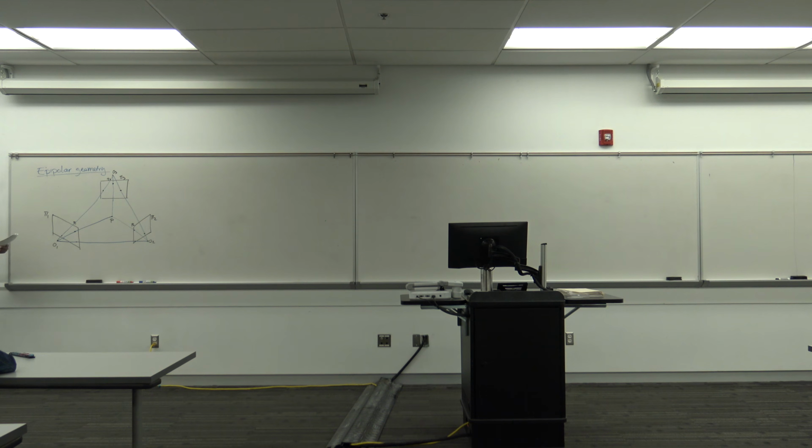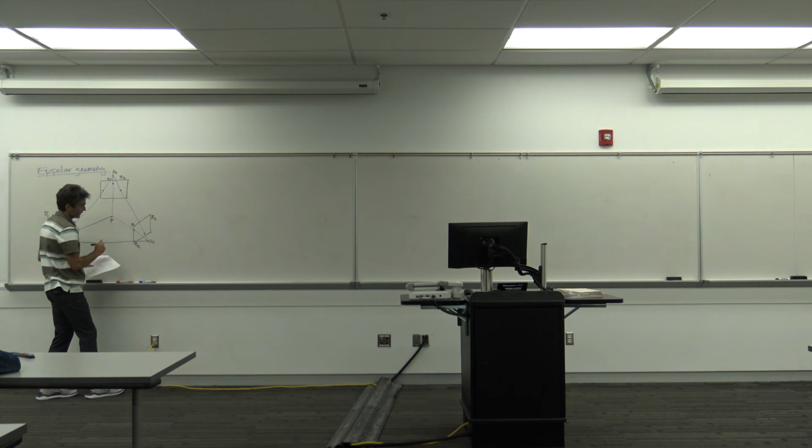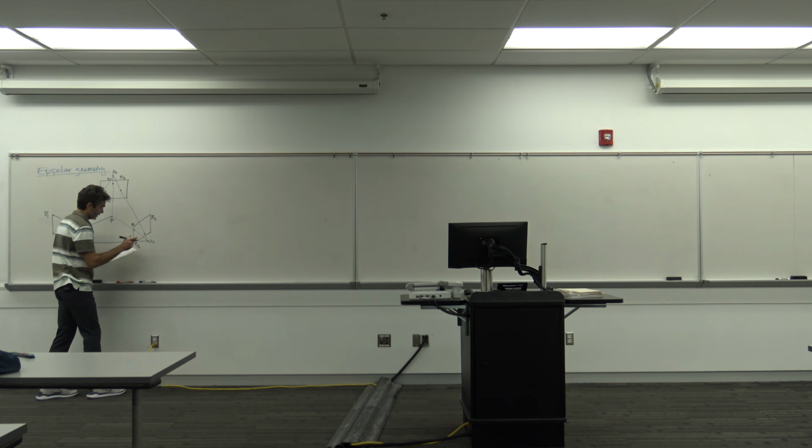Now let's name these epipoles. I'm going to call this epipole right here E21, because it's the epipole of the second and first camera. And this one here, E31. This one here, I'm going to call E12. And this here, E32.